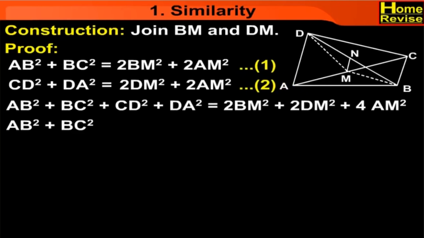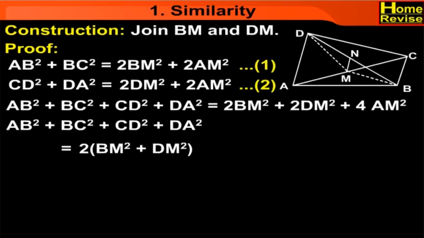Therefore, AB square plus BC square plus CD square plus DA square is equal to, taking common 2 into bracket BM square plus DM square bracket closed plus 4 into AC upon 2 the whole square.